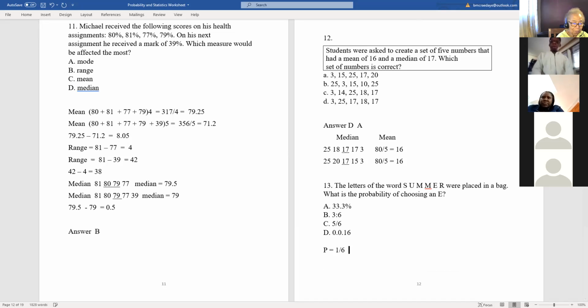D. Yes, 1 over 6 is 0.16. So answer D. Remember I said the probability could be in decimal, could be in percent, and it could be fraction. So answer D. Okay.